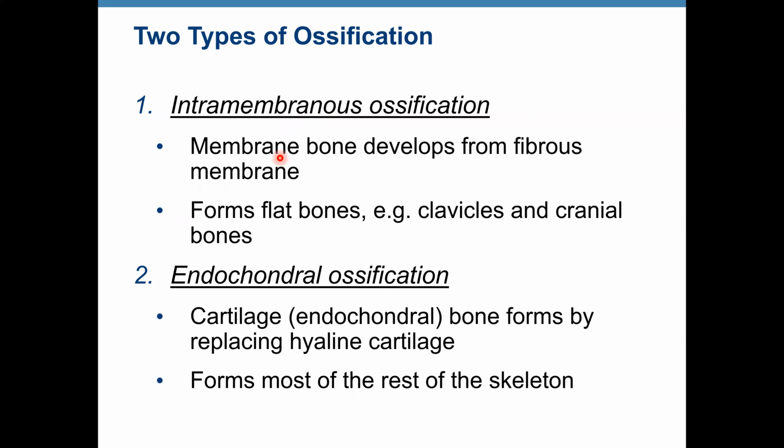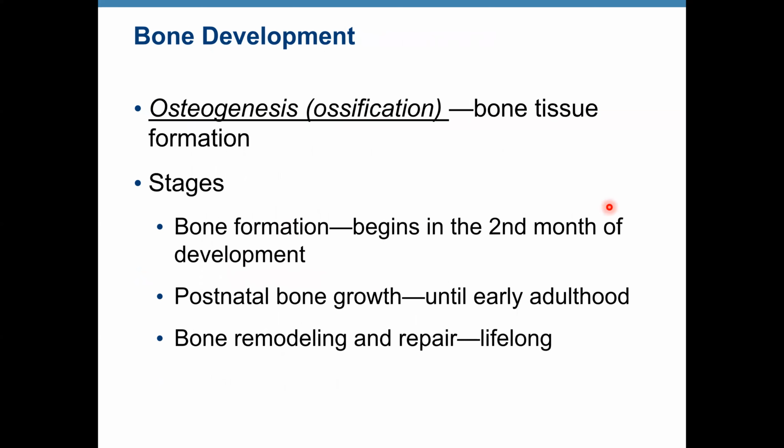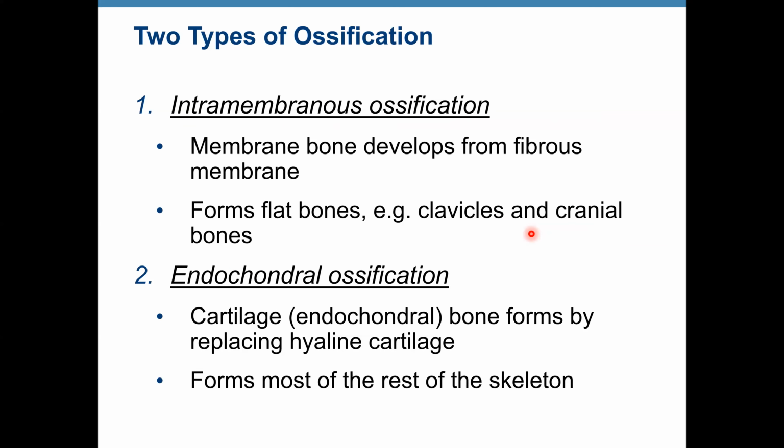Intramembranous ossification is formation of bone from a membrane. And this is the type of ossification that forms flat bones, like cranial bones and clavicle. So clavicle and cranial bones in the embryo, before the second month, are actually made of connective tissue membrane.